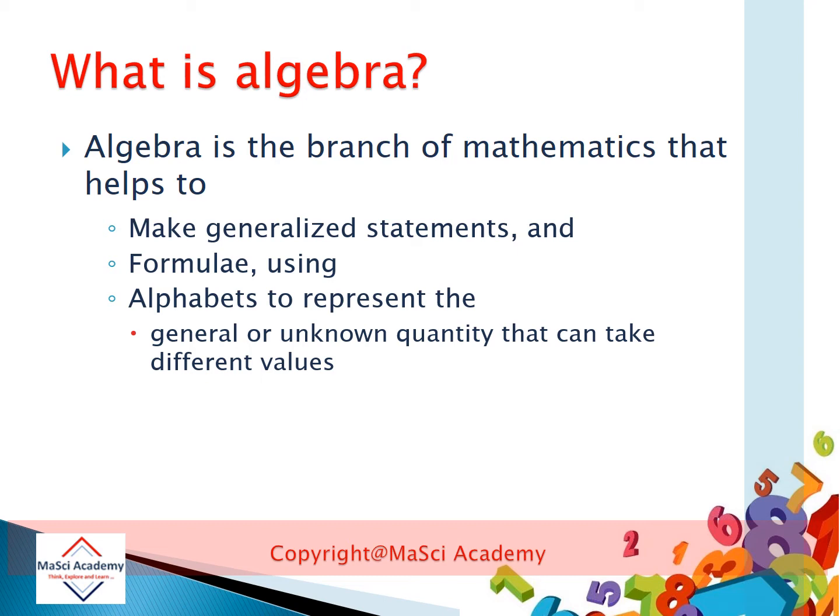So in the above examples, we have seen that the unknown quantities were any number added to 0, or the size of the square, or the count of the pens, where we have to calculate the cost of the pens. So the unknown quantity is represented by an alphabet and the derived quantity is also represented by an alphabet. So this is what makes algebra.